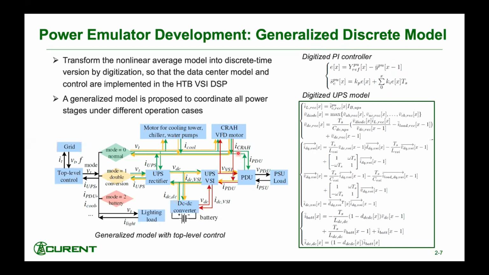Therefore, the average model we derived before needs to be transformed into a discrete-time version by digitization. Here, we have transformed the model into the discrete-time version with the sampling frequency at 10 kilohertz, which is used in the HTB system.